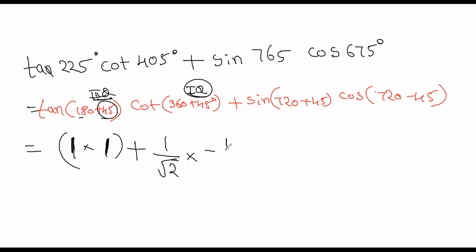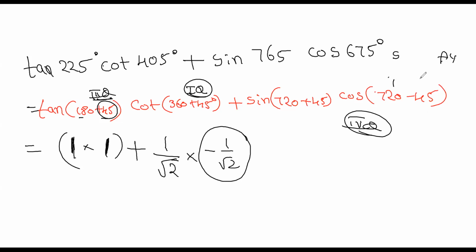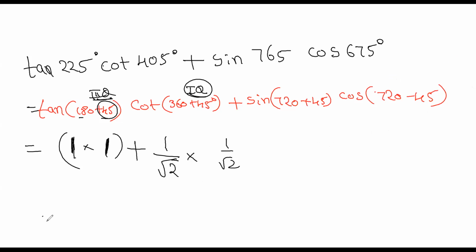Then cos of 720 minus 45 is in the fourth quadrant, where cos values are positive, so it will be positive 1 by root 2. Now we can get the answer: 1 plus 1 by 2, that is 3 by 2.